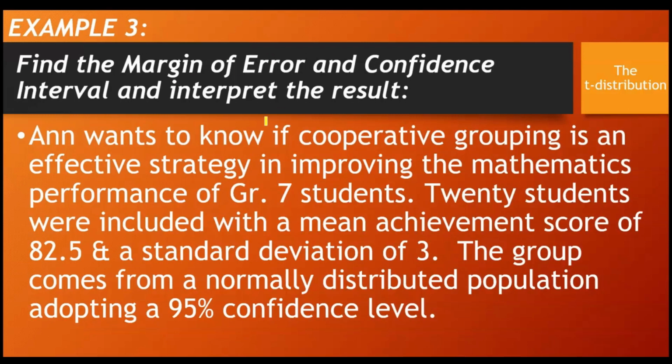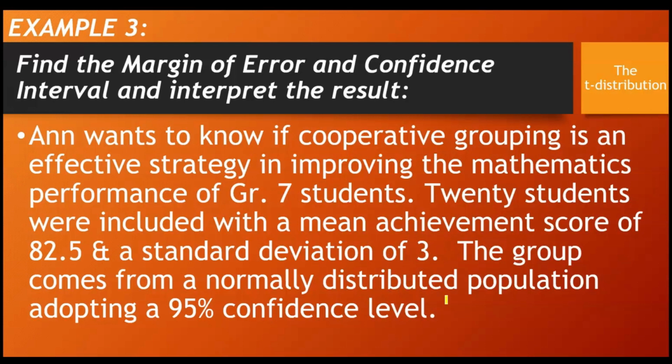Now let's go to our third example for us to understand further. Find the margin of error and confidence interval and interpret the result. Here's our situation. Anne wants to know if cooperative grouping is an effective strategy in improving the mathematics performance of grade 7 students. 20 students were included with a mean achievement score of 82.5 and a standard deviation of 3.